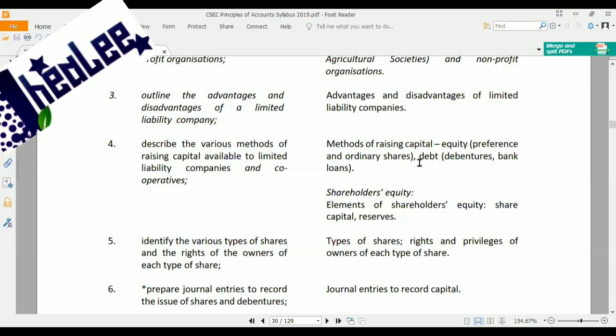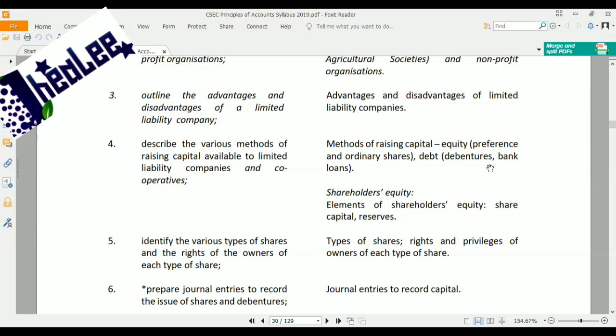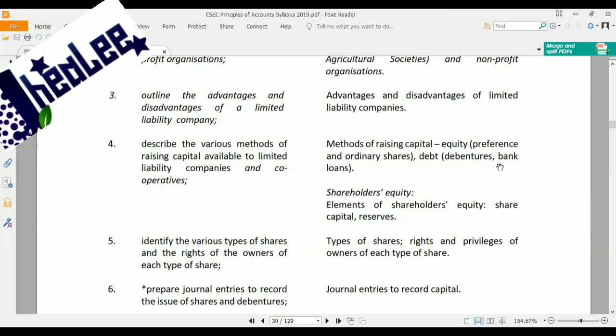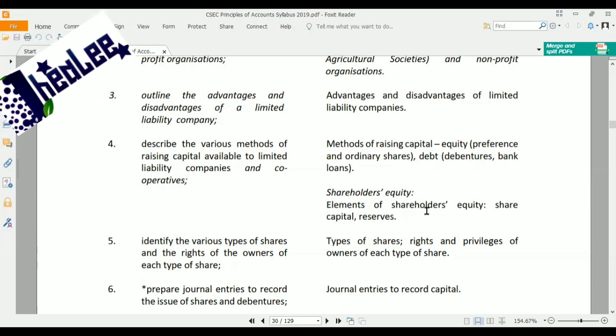You have the debt such as debentures. So when we talk about debt, when you go in exam, it's the term debentures. Debentures is a long-term liability, right? And the bank loan is also long-term liability. Your shareholders' equity, you have to know how to identify these, the elements of shareholders' equity.